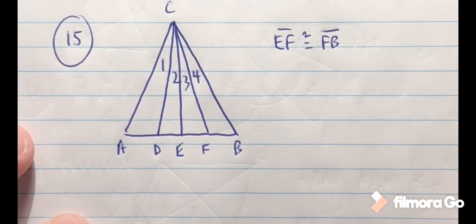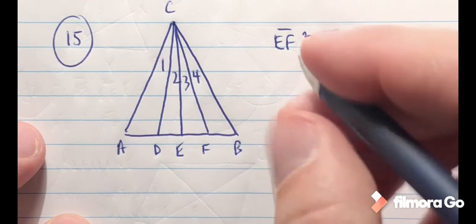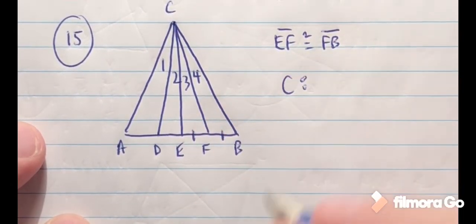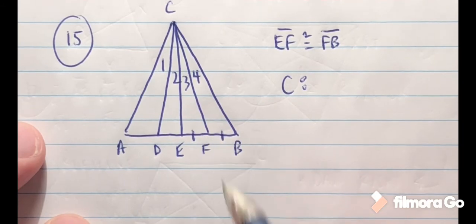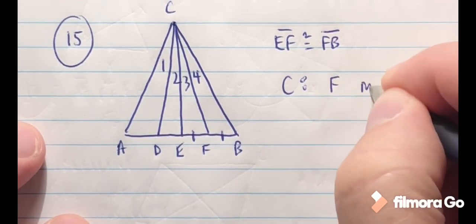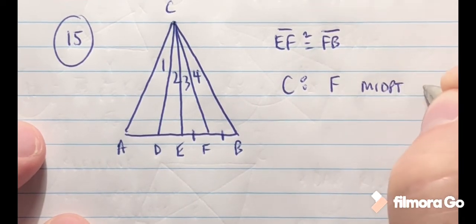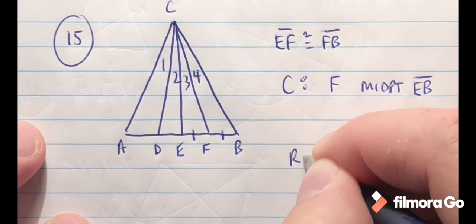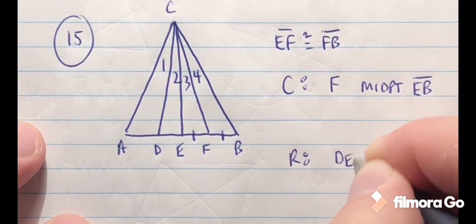Okay, in number 15, we've got a couple of possibilities for our conclusion. They're telling us that EF is congruent to FB. These are two segments next to each other that are congruent. So one possibility is I could say F is the midpoint of EB, and that would be the definition of a midpoint.